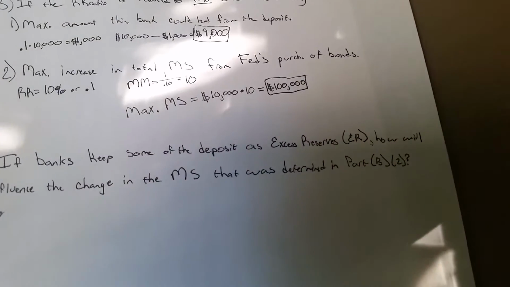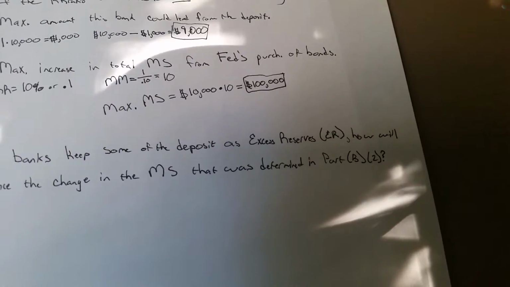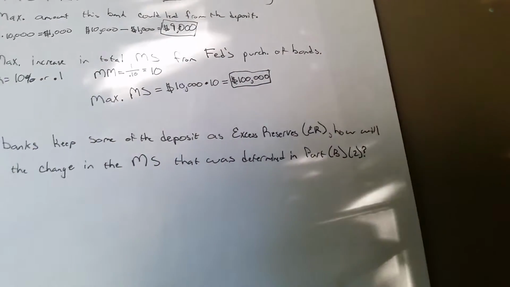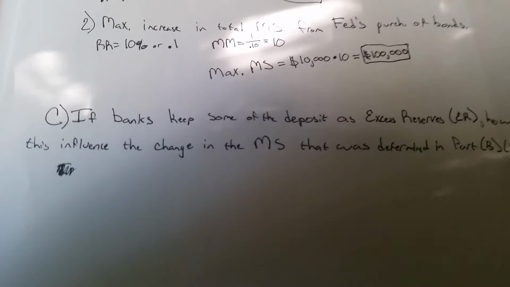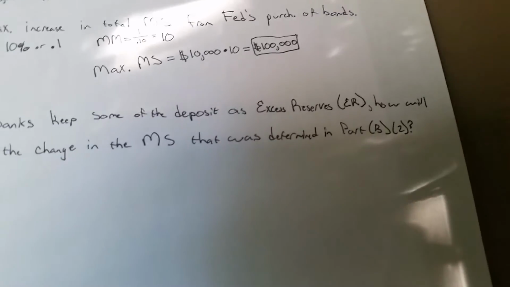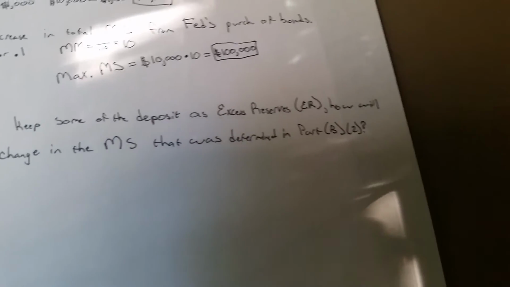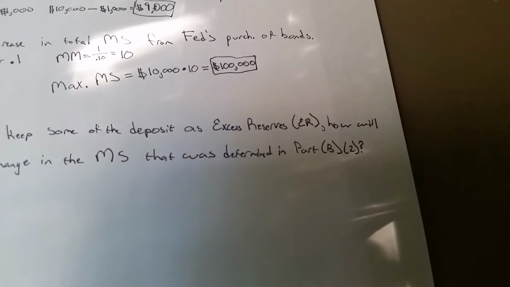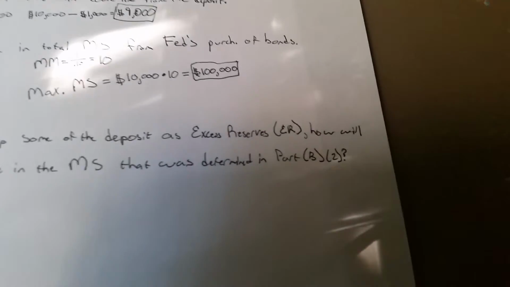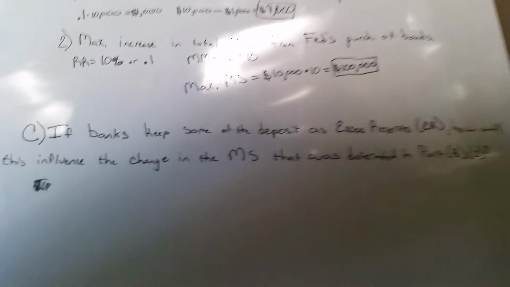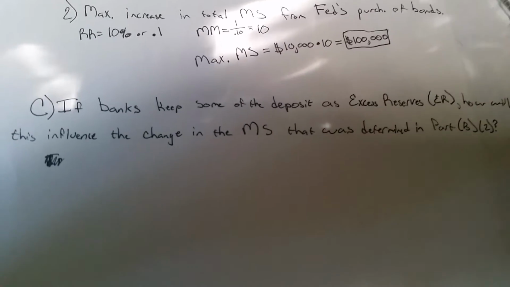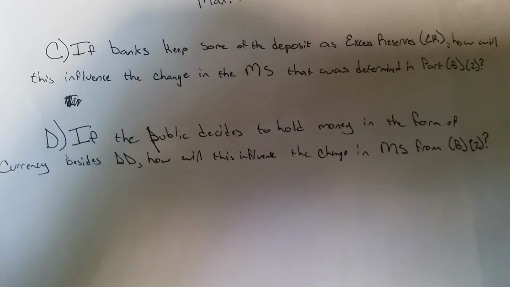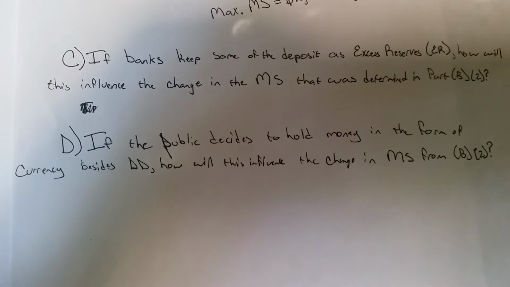If the bank maintains the excess reserves, the money supply couldn't increase by the full multiplied amount, which is $100,000, and banks would not be able to lend out that full amount. That'd be your answer.